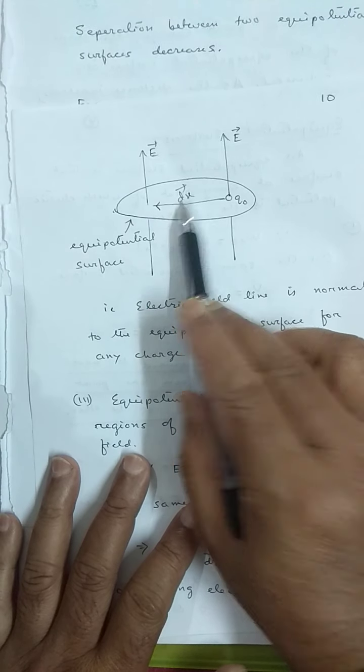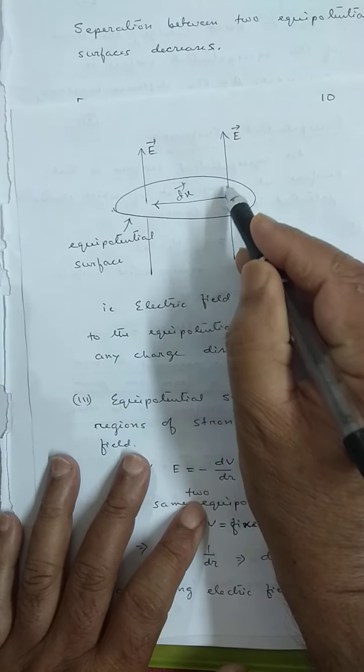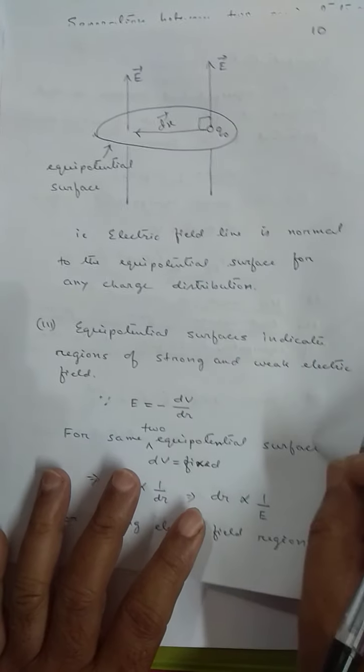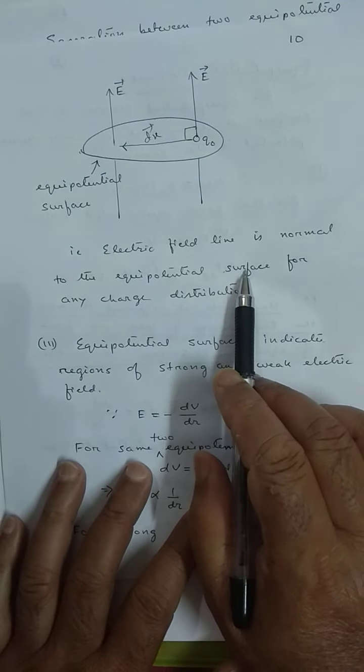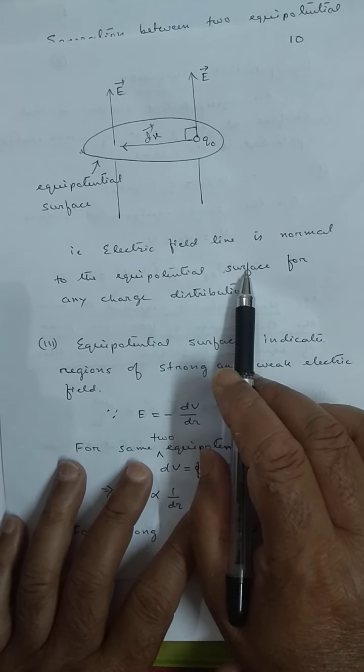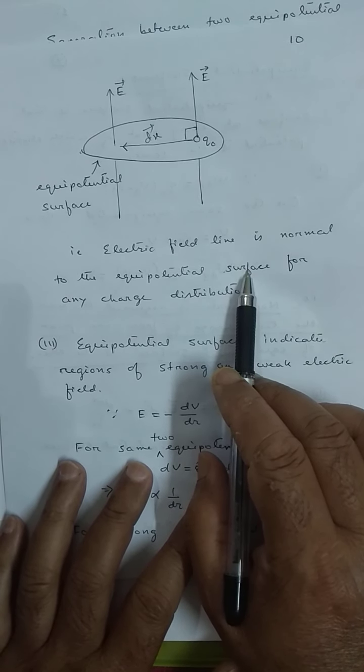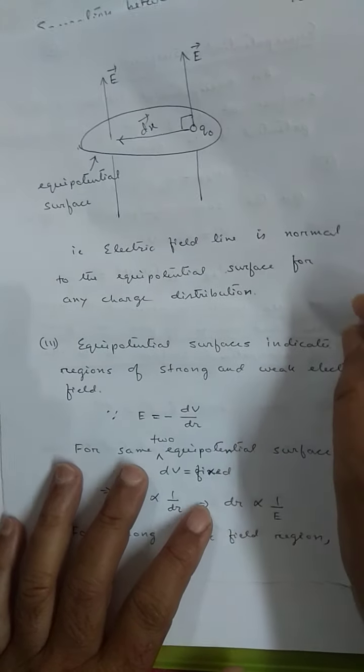So this is dx, and this is the electric field. What is the angle between them? The angle between them is 90 degrees. That means the electric field lines must be normal to the equipotential surface.